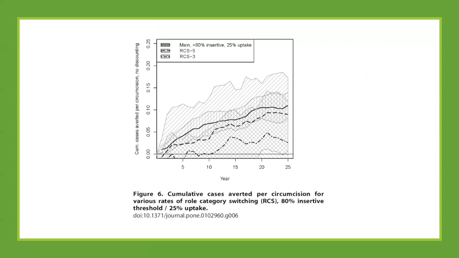So now, if the average time to role switching is something like 3 years, we have no effect. If it's 5, maybe we're seeing something out towards the 15-year mark, but statistically speaking, I couldn't say to you, it looks like there's something going on there.